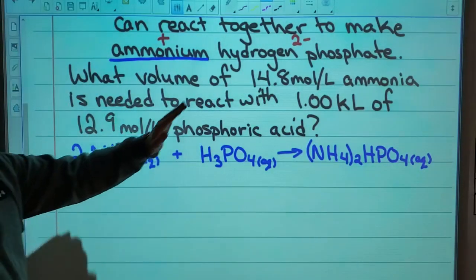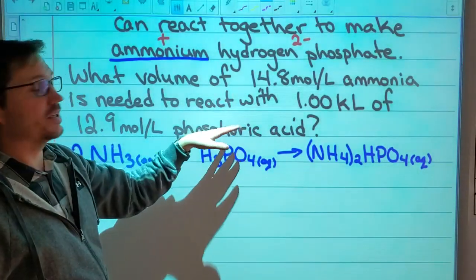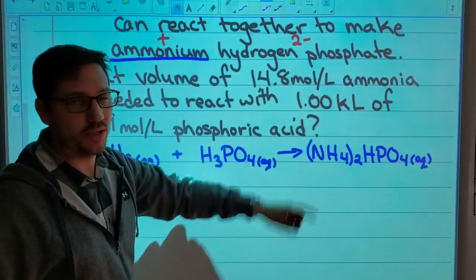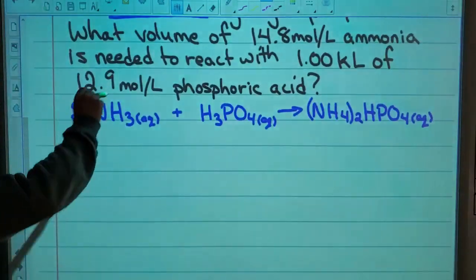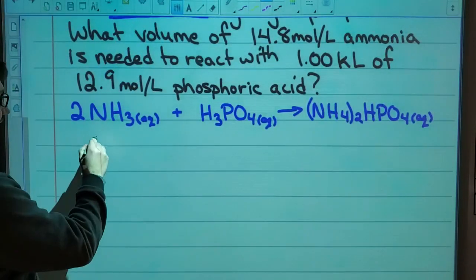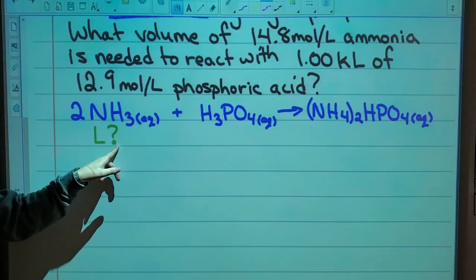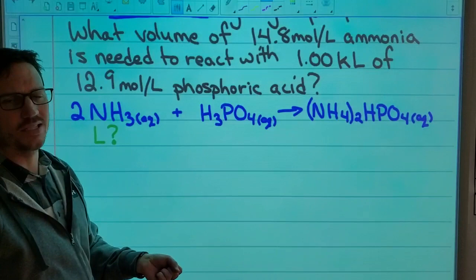So it's talking about ammonia, and it says 2 things. It says what volume and 14.8 moles per liter. So I'm looking for volume in liters. We always try and put the unit that we're looking for. That's what unit analysis is all about.